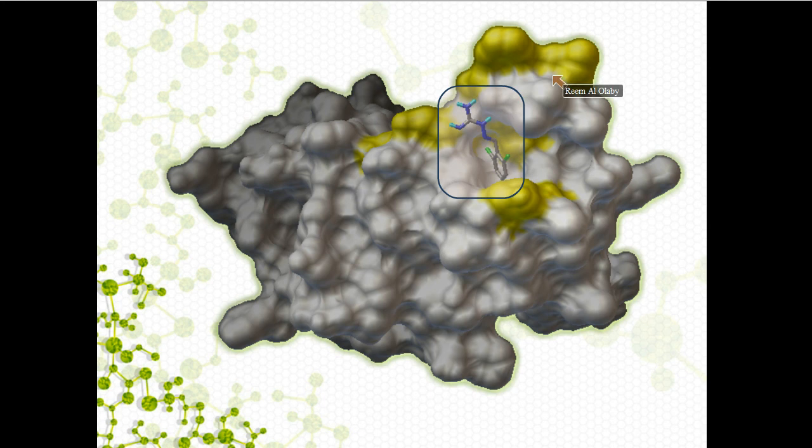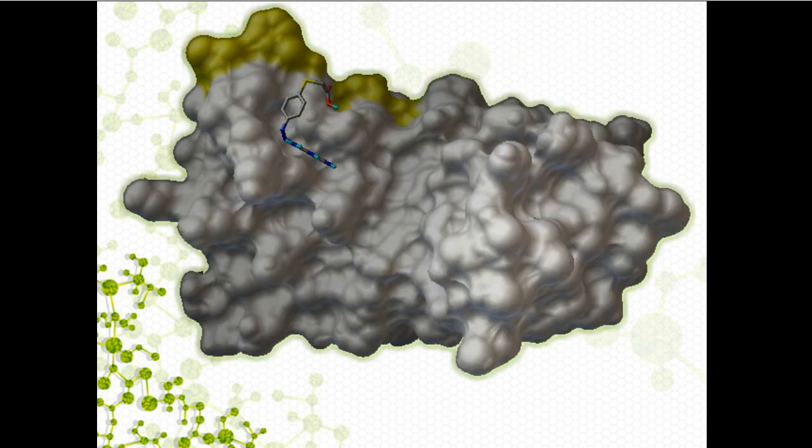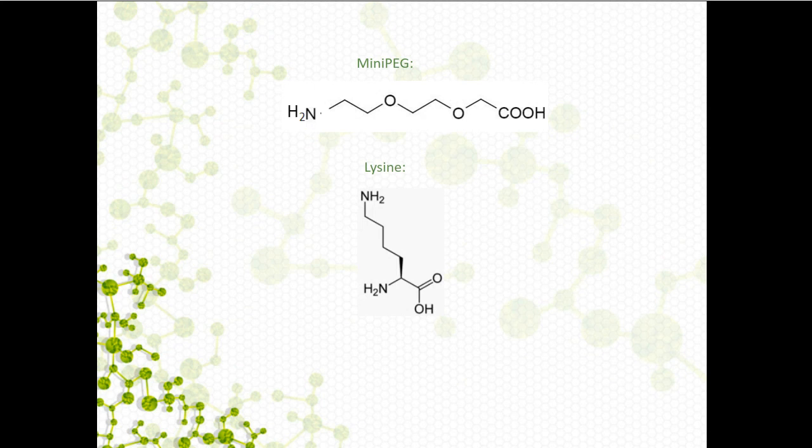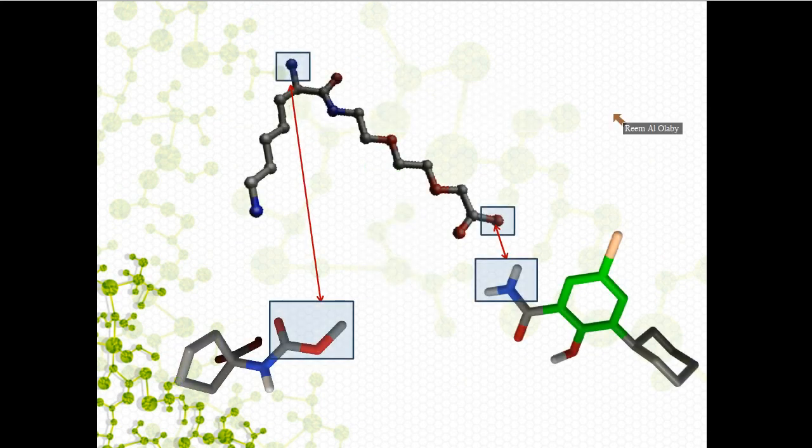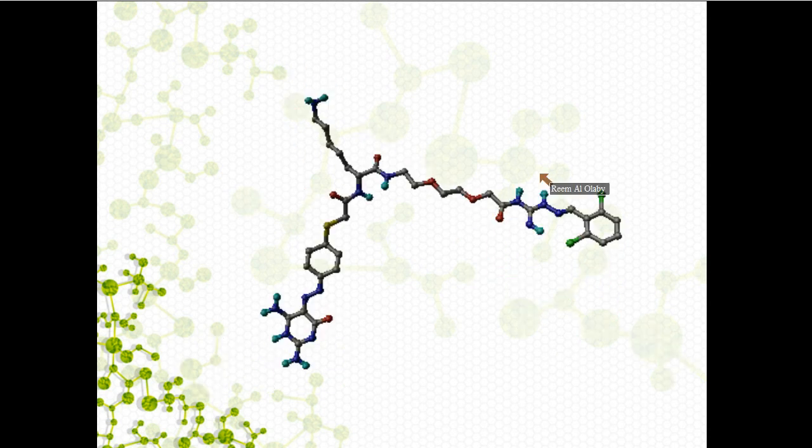Based on the distance, we know how many mini polyethylene glycol moieties we could use. So these are the two ligands that we saw binding to the target protein, and this is lysine together with mini polyethylene glycol bound together. This part is bound to the solid resin, and the shells are generated using solid phase synthesis, and then it gives us a bidentate shell having the two ligands.